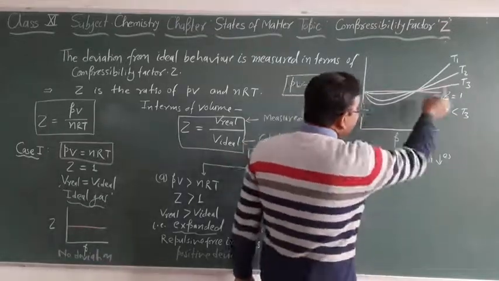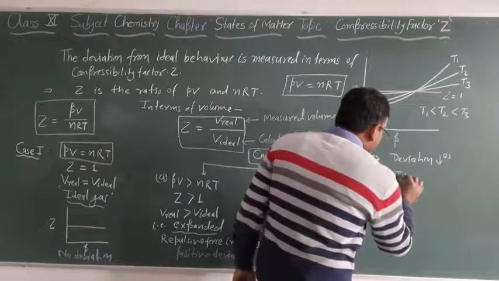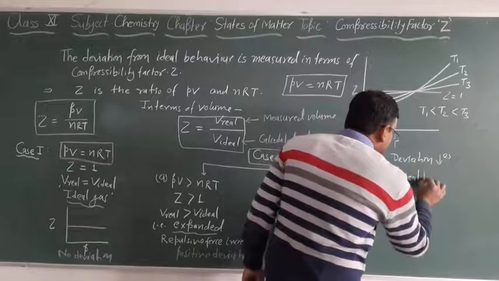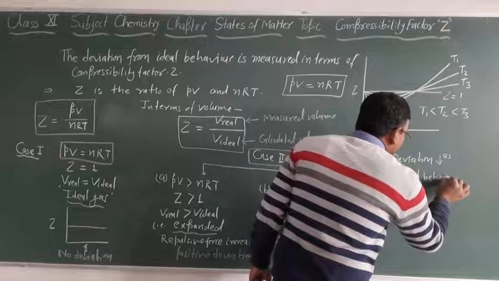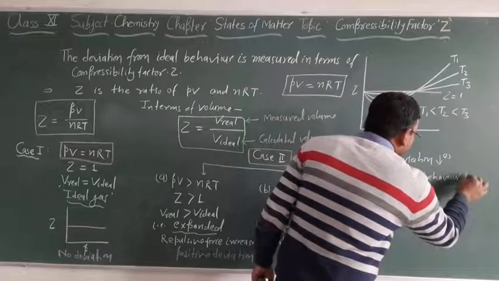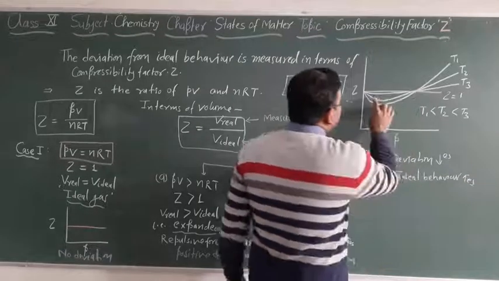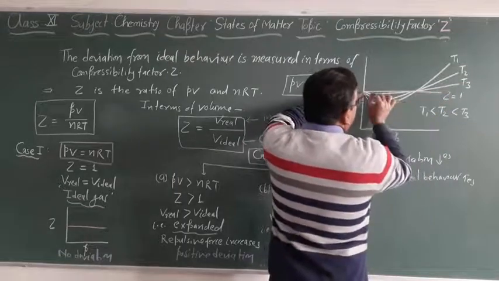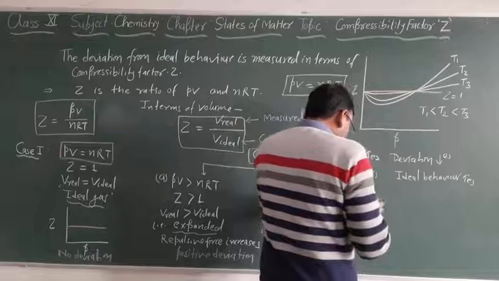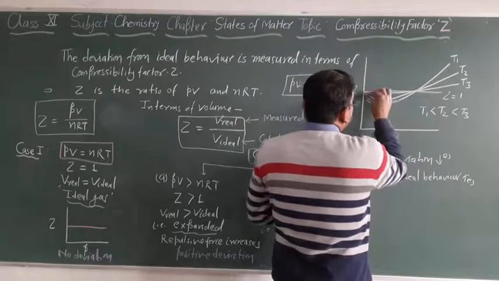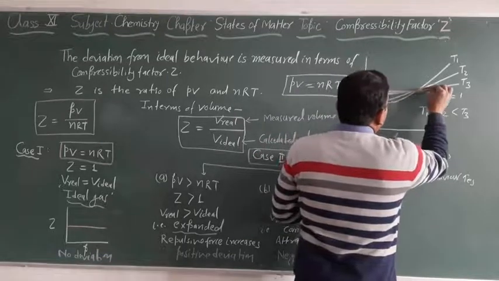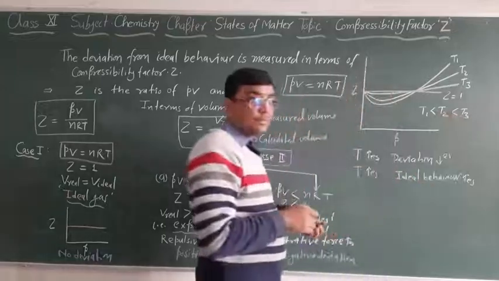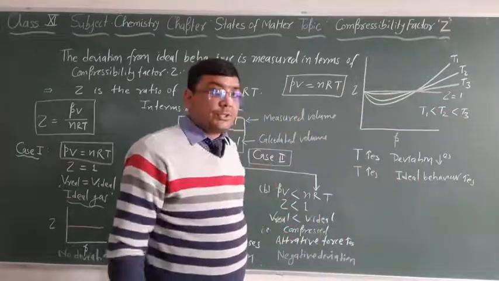Temperature increases means ideal behavior increases. See here, this is the T1 graph, and the T3 graph is close to the ideal behavior on increasing temperature.